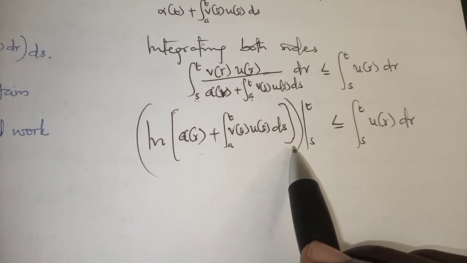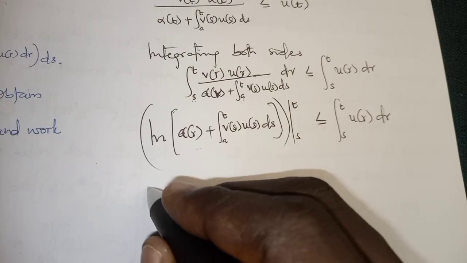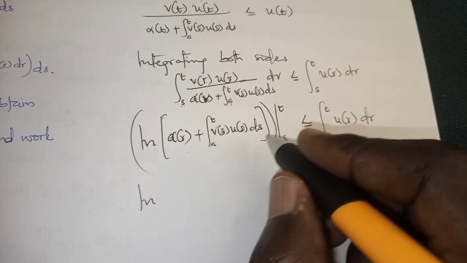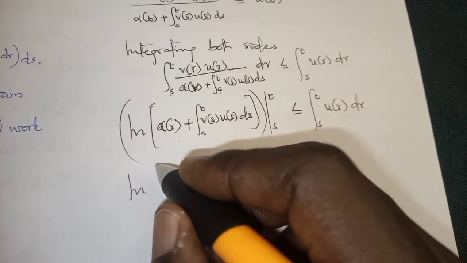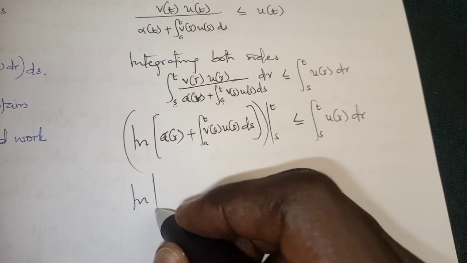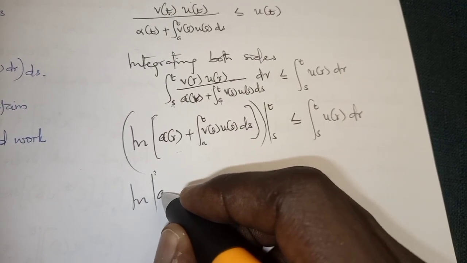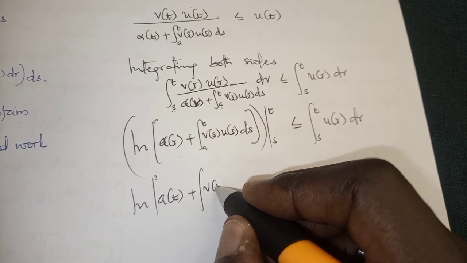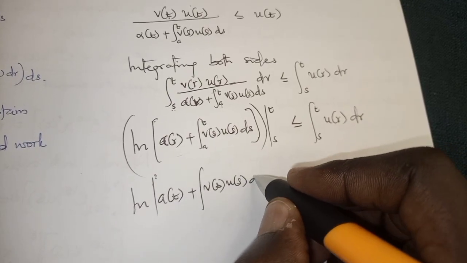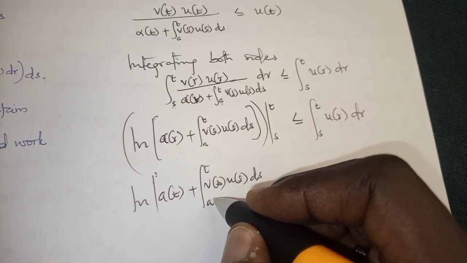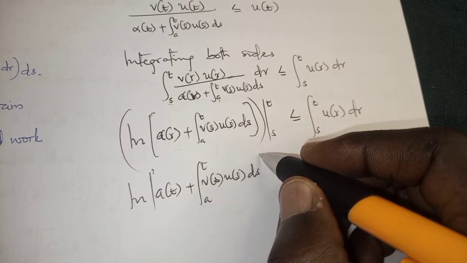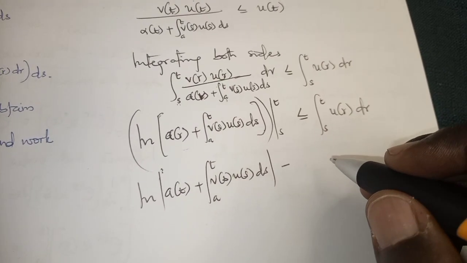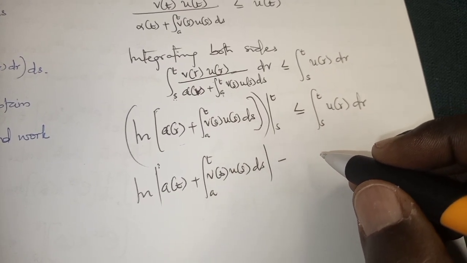So we simplify this, okay, so we'll be getting ln of a t plus the integral, okay, v s u of s ds, so t a, then minus the same thing with the next one.